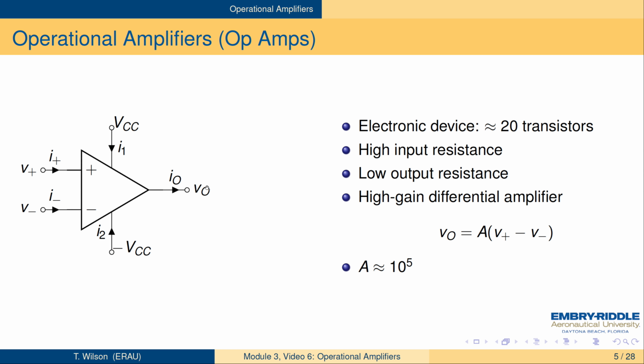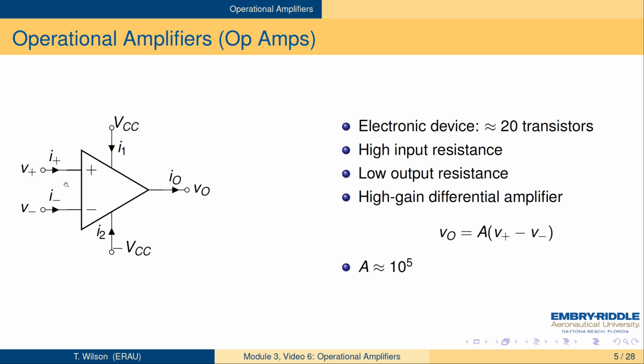So the output is in the tens of volts range, between plus and minus 15 volts. If the gain is 100,000, then the voltage difference between V+ and V- has to be on the scale of tens of microvolts. Not very big at all, especially compared to inputs that could be on the size of volts.